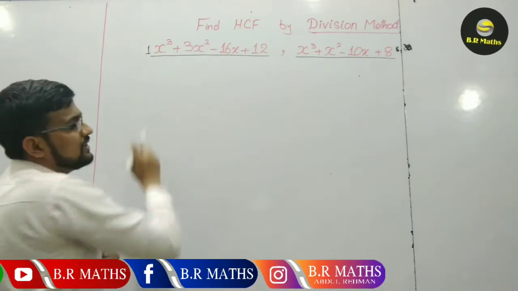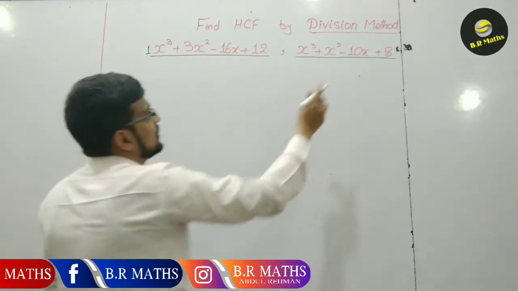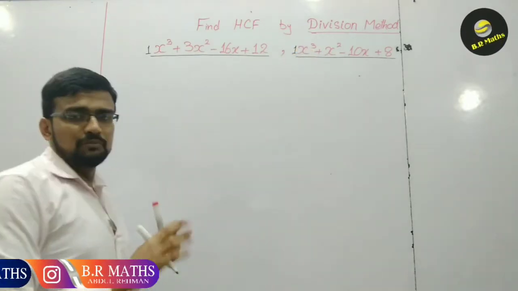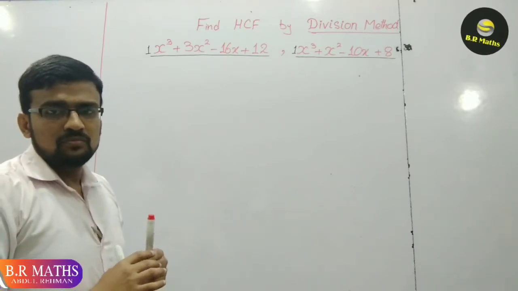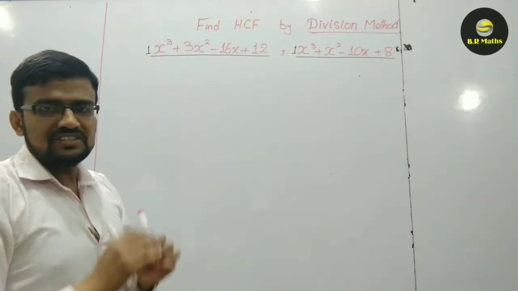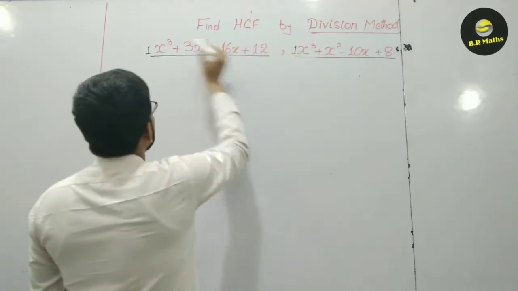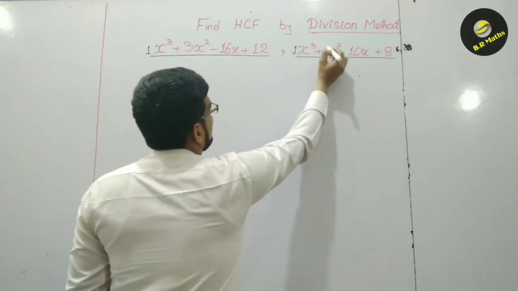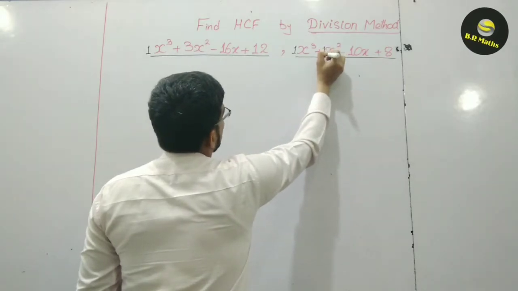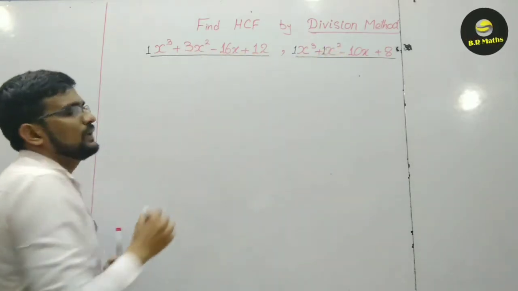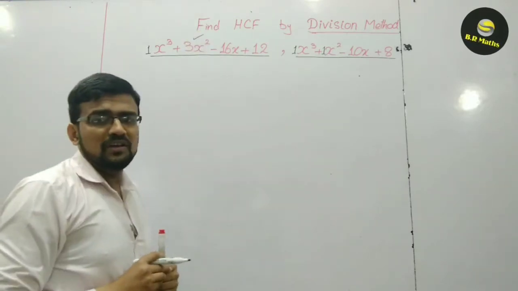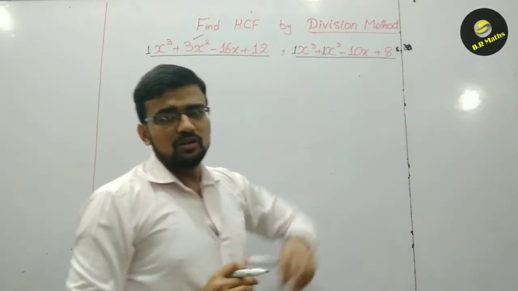In this polynomial the coefficient is 1, and in the other polynomial the coefficient is also 1. It means both are the same. Then move to the second term, x square. In this one the coefficient is plus 1 and here plus 3. It means this is the greater polynomial and this is the smaller.